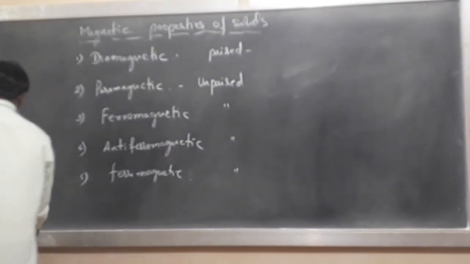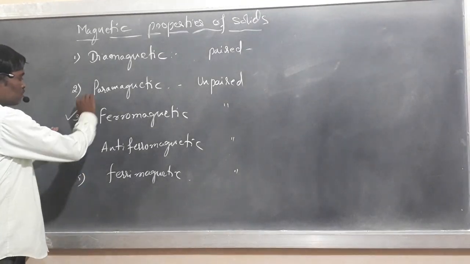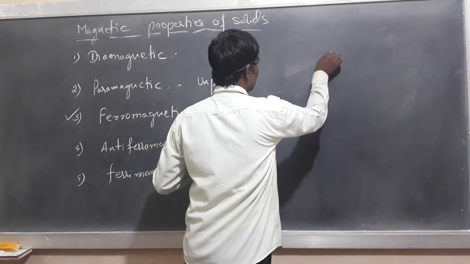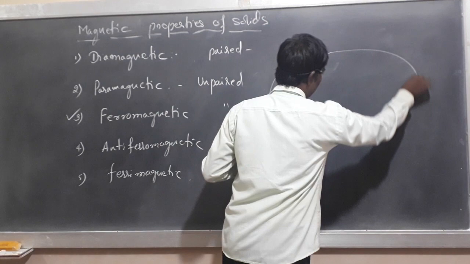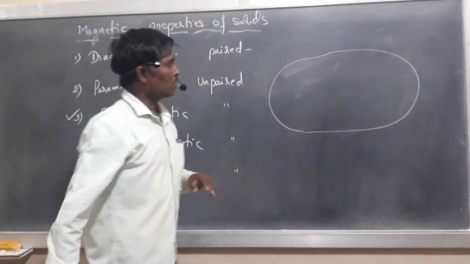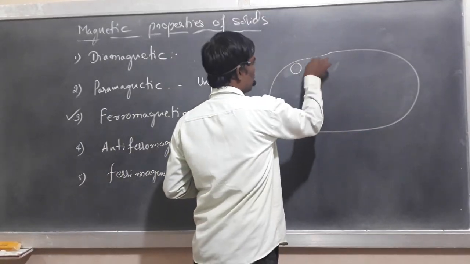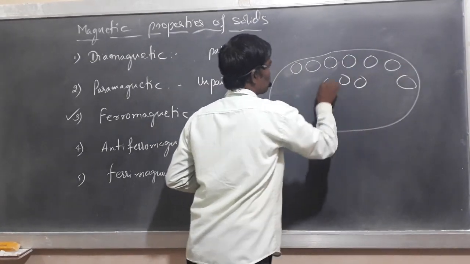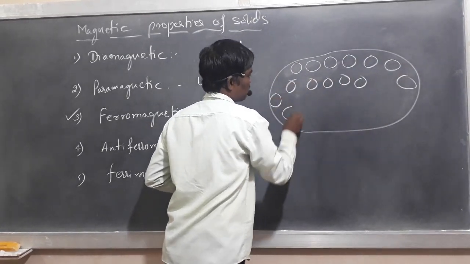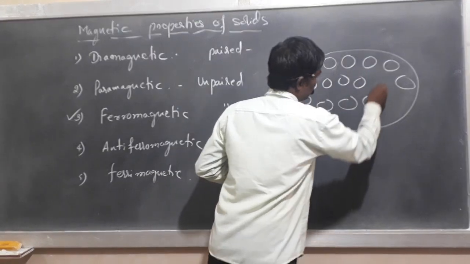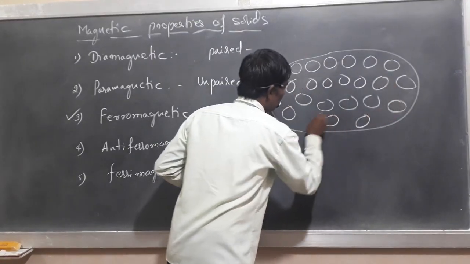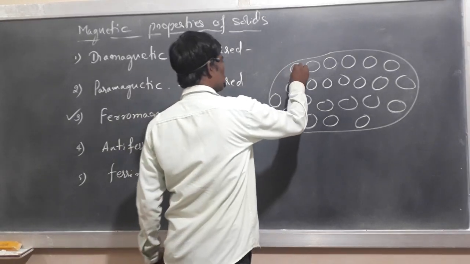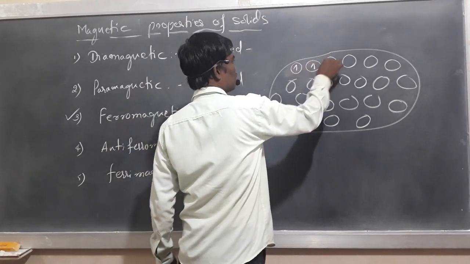See, first let me go with the ferromagnetic substances. Let me take one solid substance, say it contains a large number of atoms. These all are the atoms. All the atoms contain some unpaired electrons.